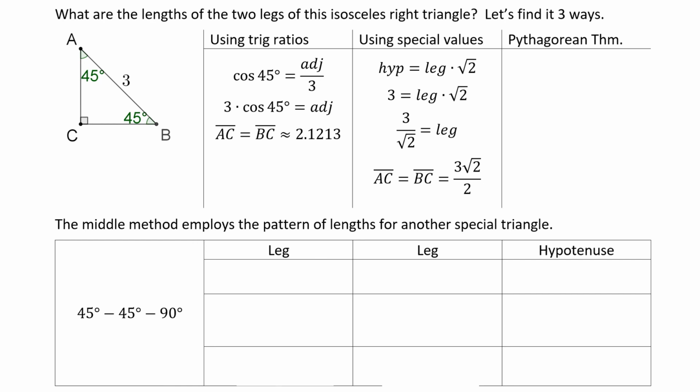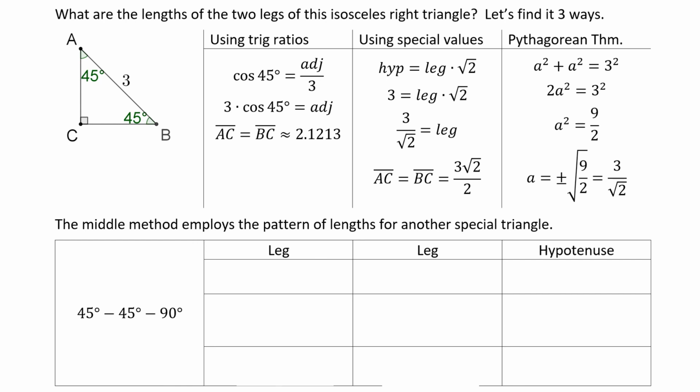And also, don't forget that the Pythagorean theorem works also. If we want to say a squared plus b squared equals c squared, but knowing that the two legs are the same, then a squared plus a squared. Simplify just by saying 2a squared equals 3 squared. Work to get a by itself, so a squared equals 9 divided by 2. Take the square root of both sides, and we should get plus or minus the square root of 9/2.